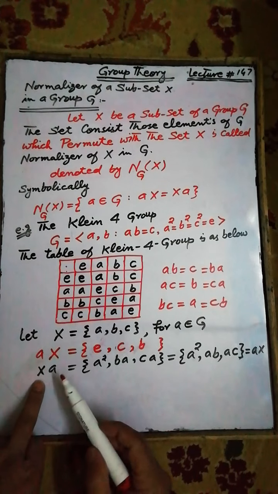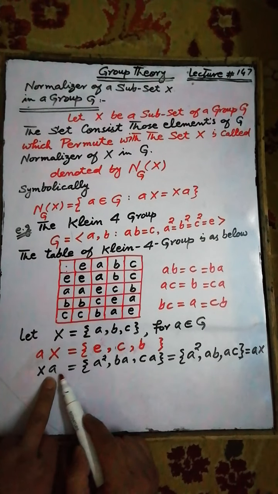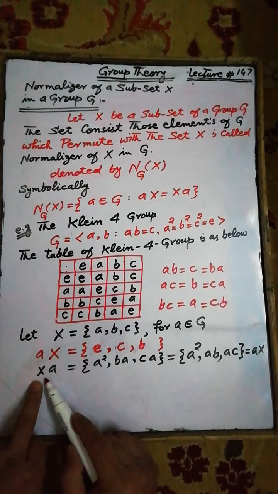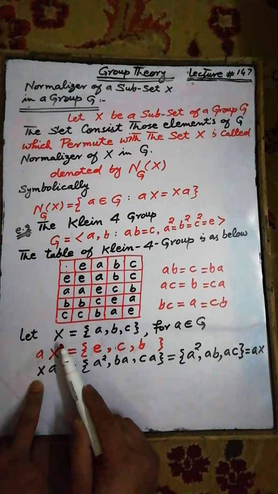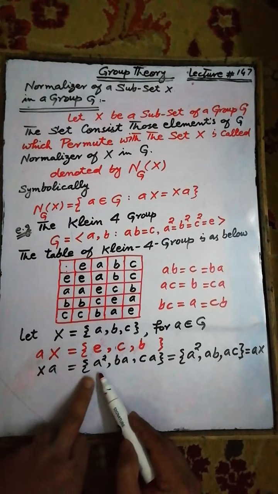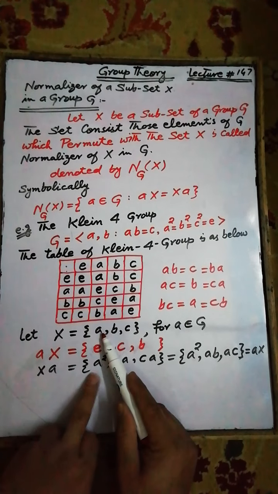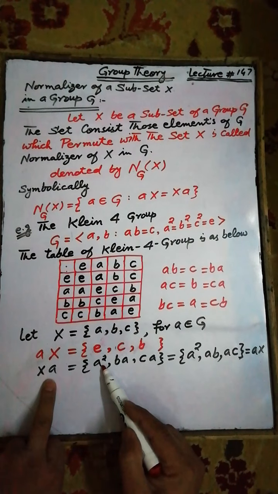Now again operate the element A from the right side to each element of the set X, which is equal to A operated with A, which is A squared.